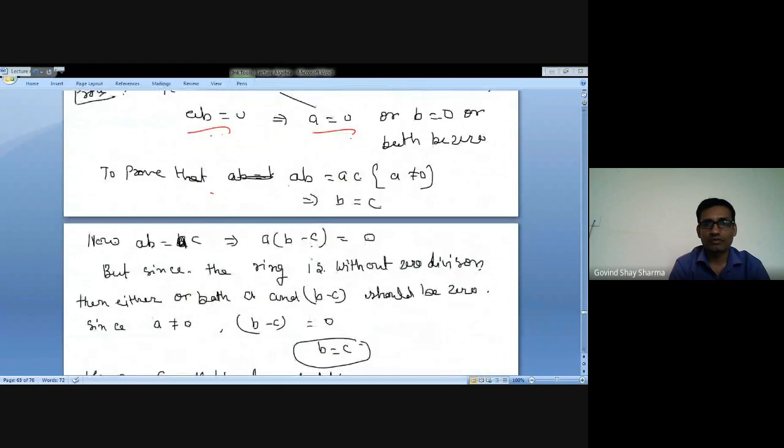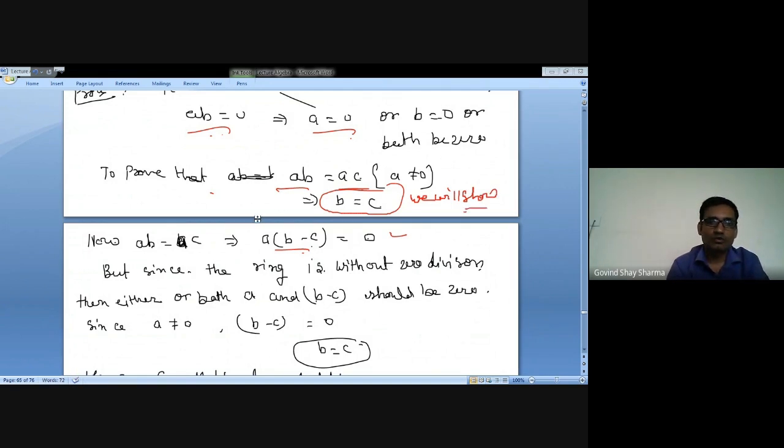We take AB is equal to AC. So we take this side to become A times B minus C is equal to 0. We have to prove that, we will show this, okay, B is equal to C.